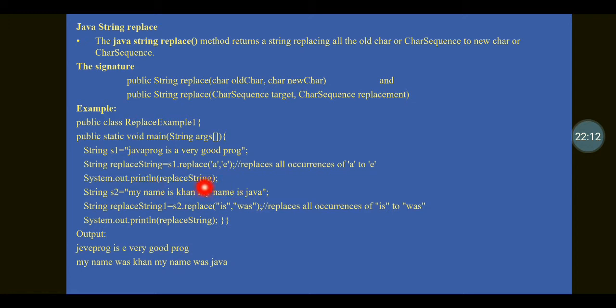So when you print this, you will get the output as "jevE progrem is e very good progrem", something like this, because every a is replaced by e. And in the next one, here every "is" was replaced by "was", which means that we can replace a character by a new character. Otherwise, we can replace a string by a new string also. Here the string "is" is replaced by "was" in the entire sentence, and again we store it as a new string in the particular string object.